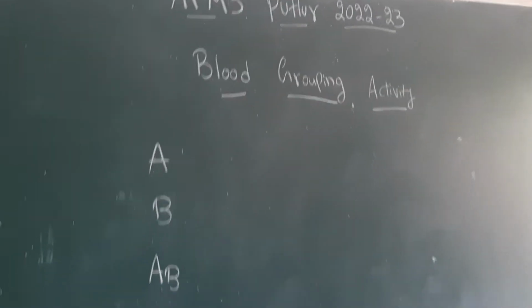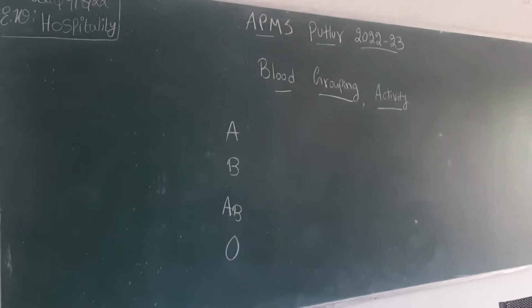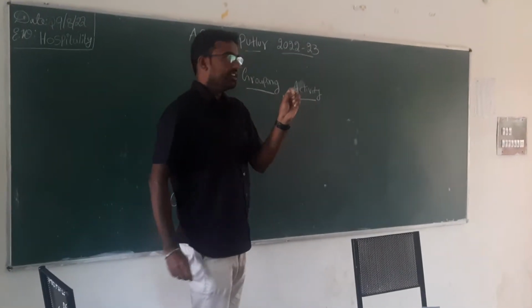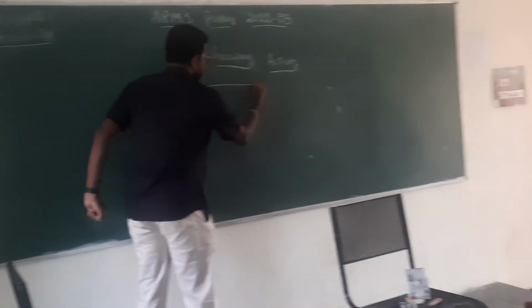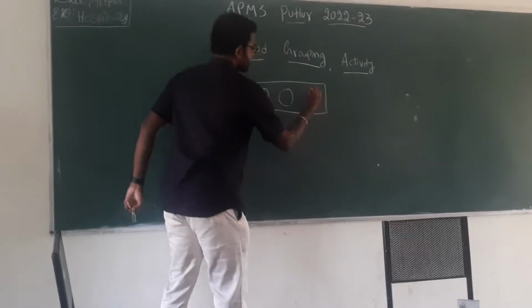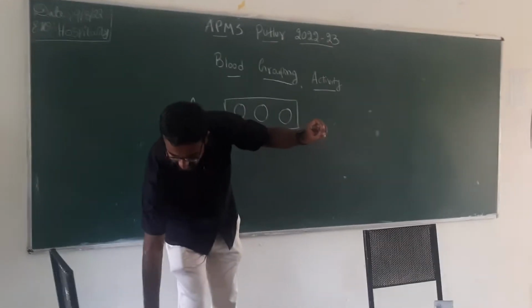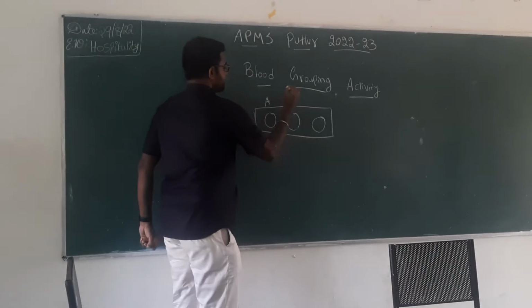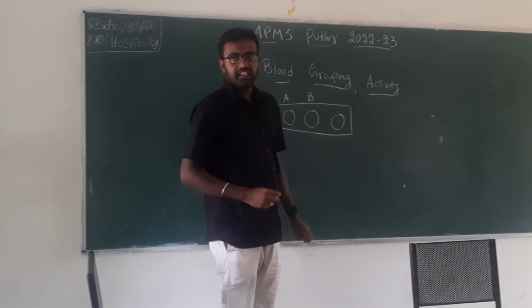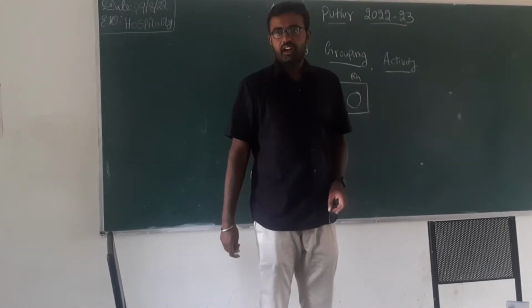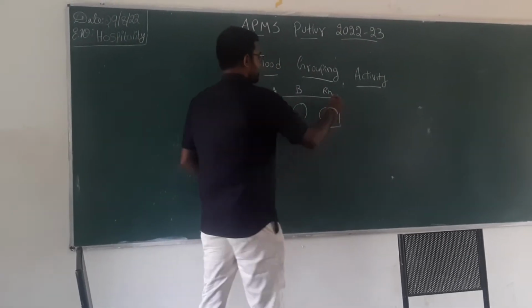Let me explain how we are going to do this activity. We take a glass slide and mark 3 circles on it with these markers. The first circle is named A, the second is named B, and the third is RH.